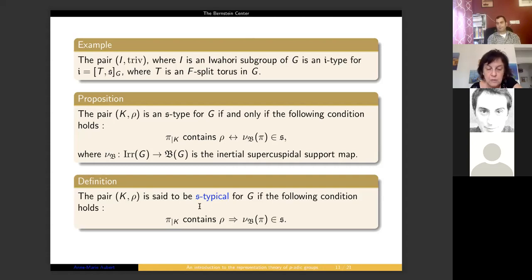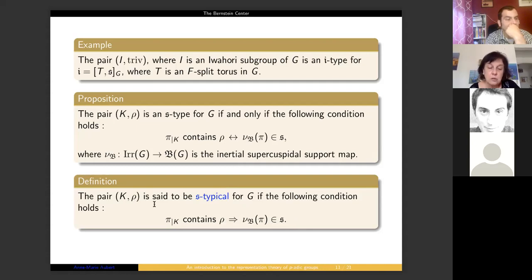So a typical representation: you start again with (K, rho), and it is S-typical if, whenever we have a representation pi such that its restriction contains rho, it implies that the inertial support of pi is in your S, the inertial class S.